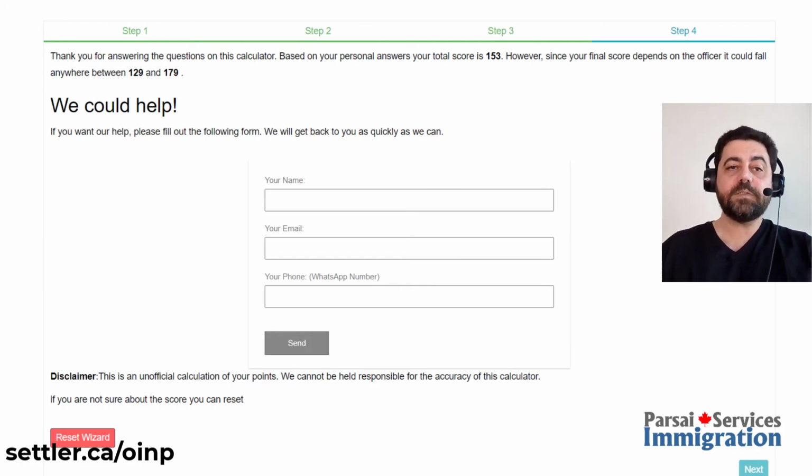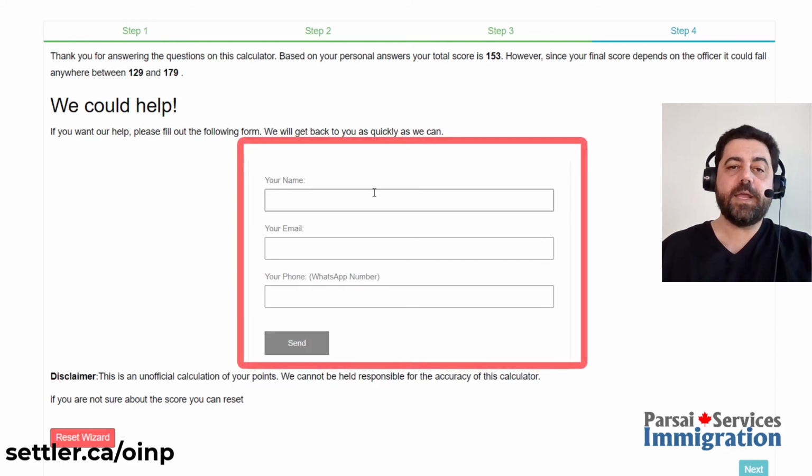However, if you want us to help you, then you can enter your name, your email address, and your phone number and click send. And that's when all the answers that you have given will be transferred to our assessment team. They will get in touch with you and we further investigate the matter to see if we can help you.